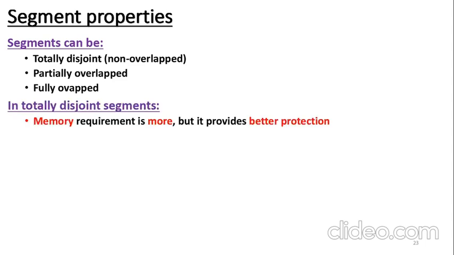Now let us see what happens in case of totally disjoint segment. Totally disjoint, it means that one segment of 64 kilobyte, at least after the last address of that corresponding segment, just immediate location also can be used for the beginning of that second subsequent segment here.